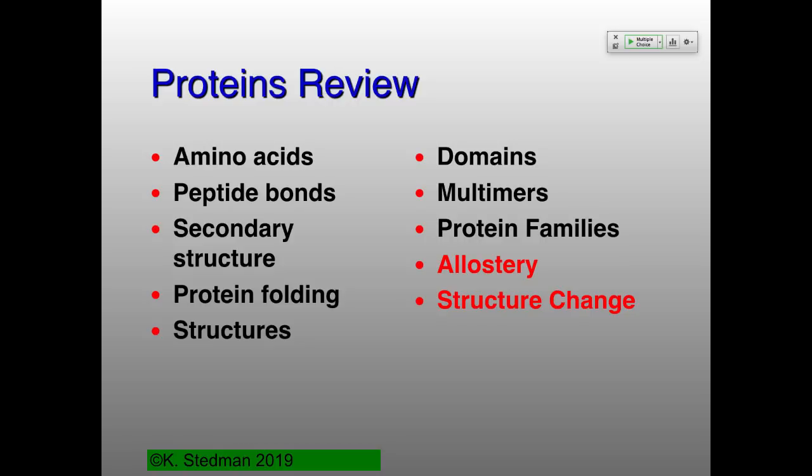It could be the whole protein, or it could just be part of the protein, that then has its own stable three-dimensional structure, and of course that structure is going to have some kind of function.